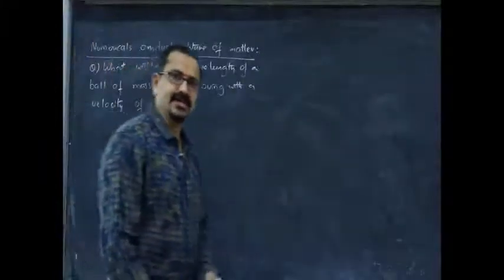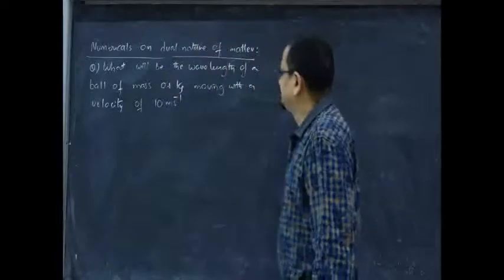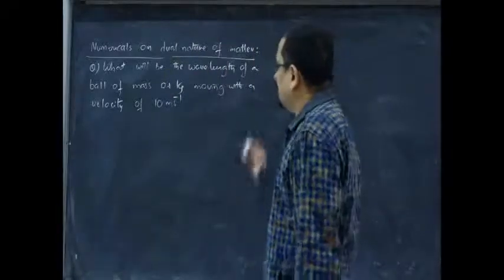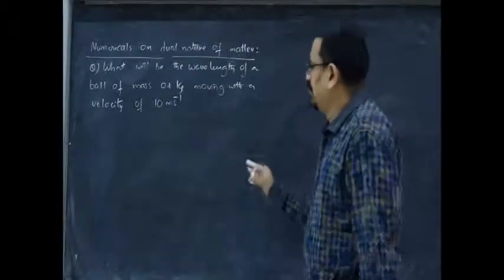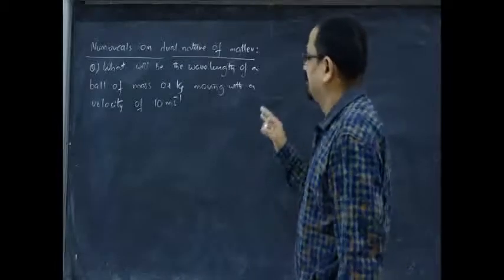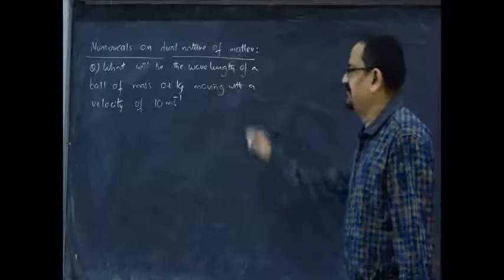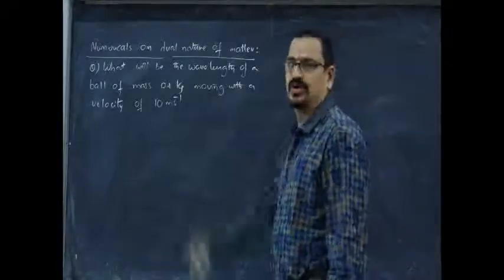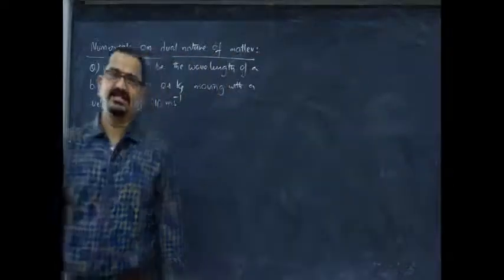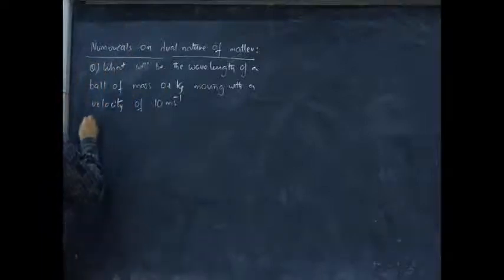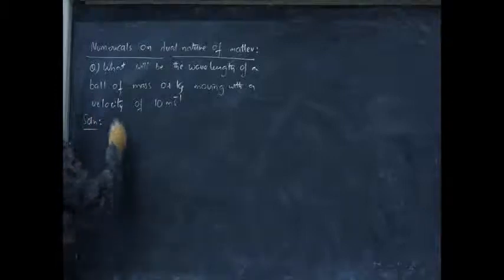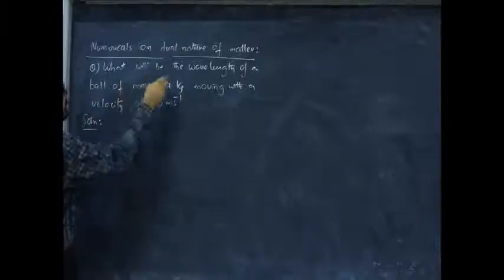This is a numerical from de Broglie's dual nature of matter. What will be the wavelength of a ball of mass 0.1 kg moving with a velocity of 10 meters per second? Whenever a numerical is given, first write the given data and what is asked to find out. We have to find the wavelength lambda.